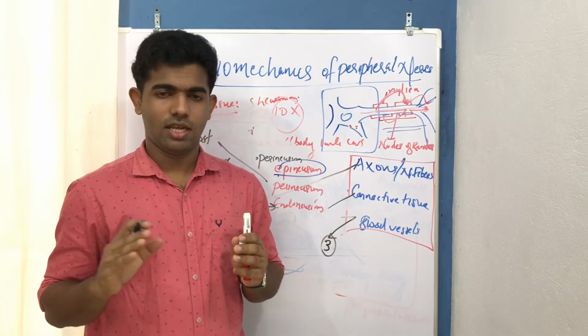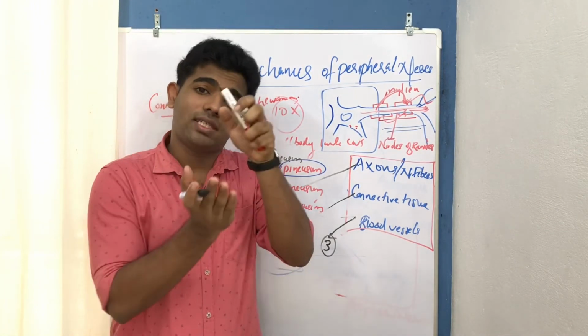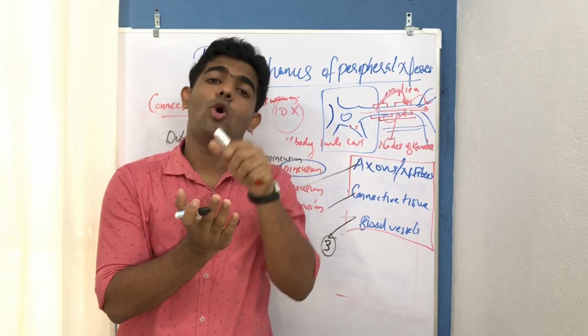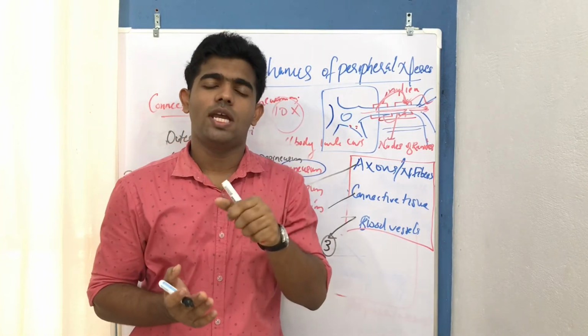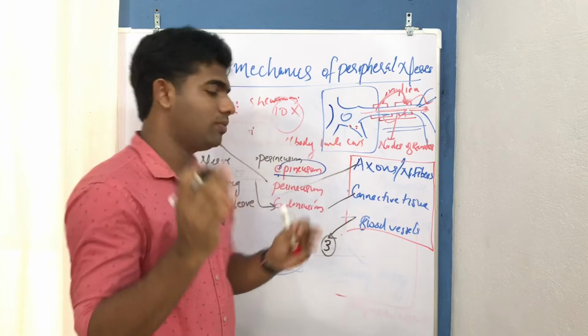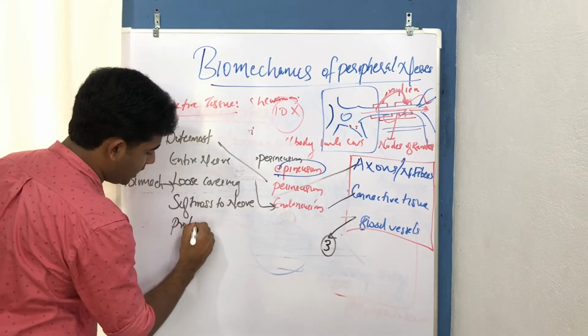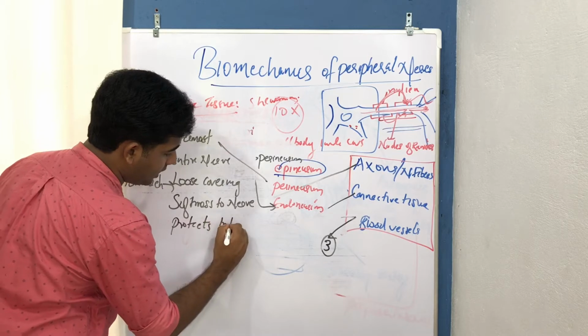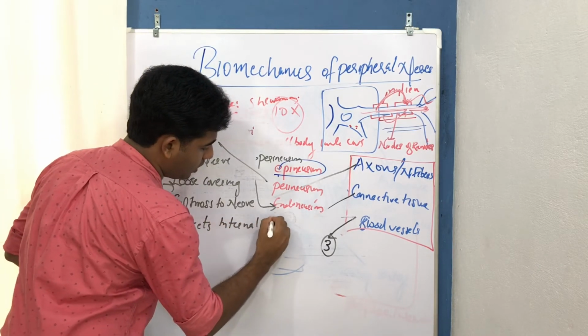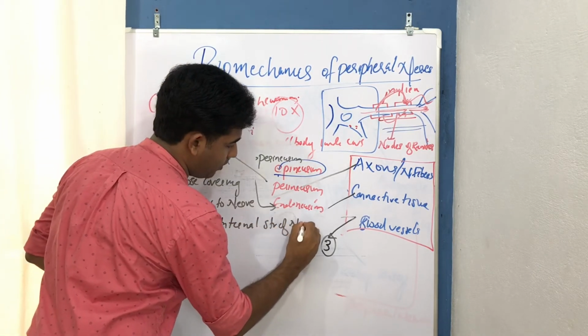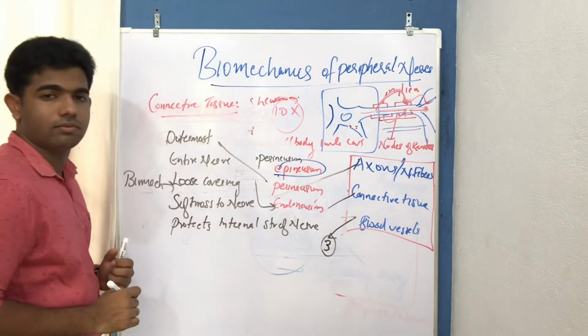That's a function. And it protects the internal structure from the load. When an external load is applied to the nerve, it is protected by the epineurium. It protects the internal structures of the nerve.